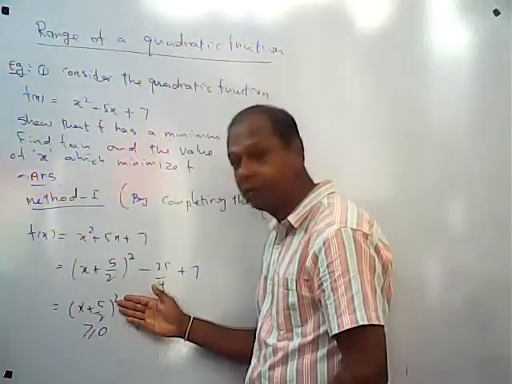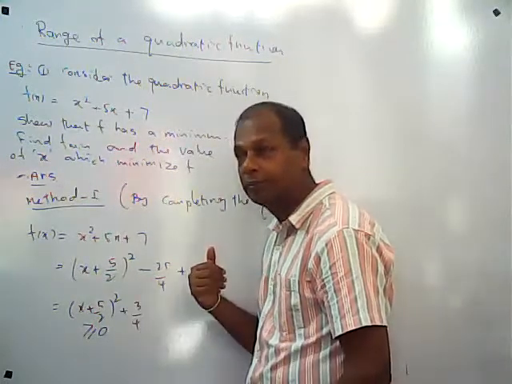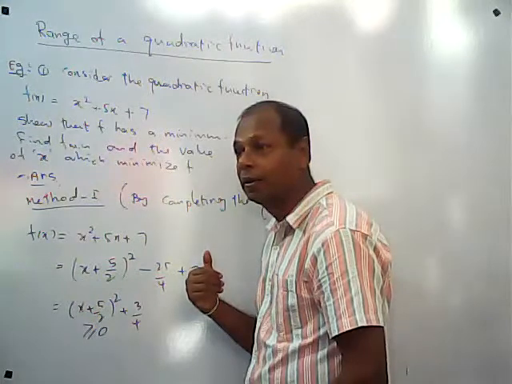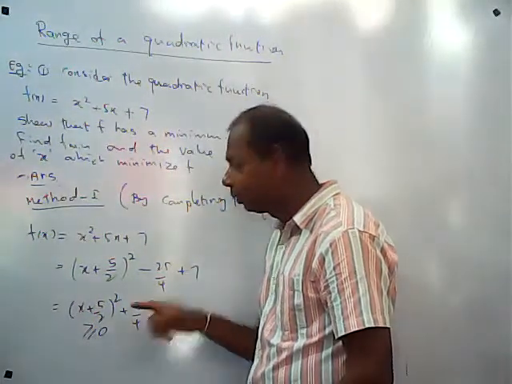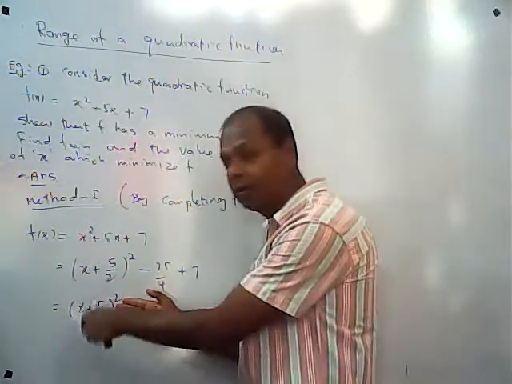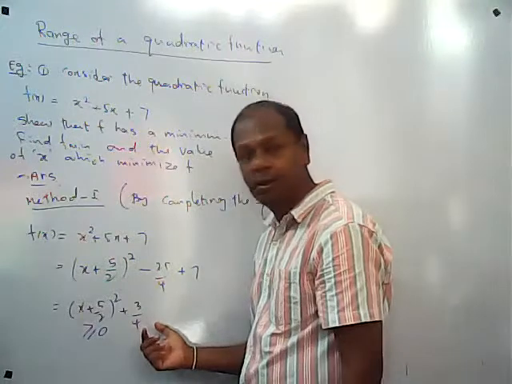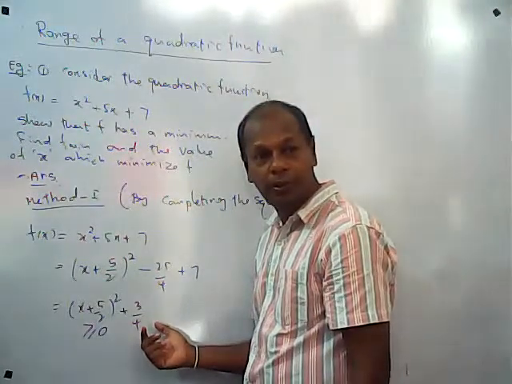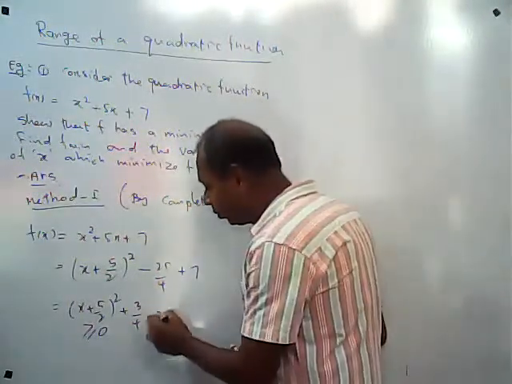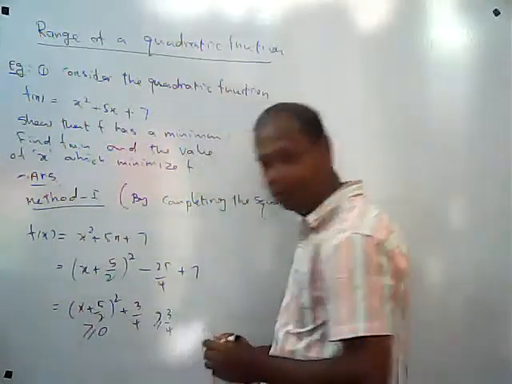This part is greater than or equal to 0. Now we add this, yeah? Once this part is greater than or equal to 0 and you add 3 over 4, then f(x) will be greater than or equal to 3 over 4.